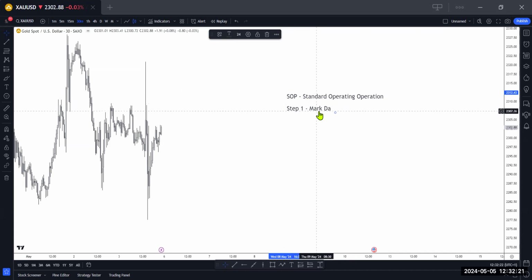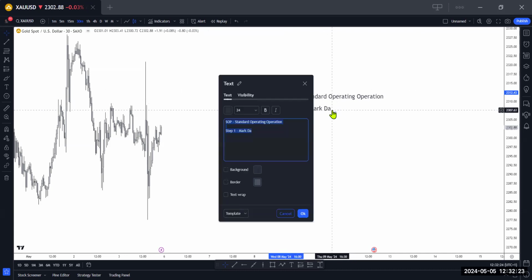The first step is to mark daily SNR. And when I say mark daily SNR, remember that engulfings are part of SNR. So you mark your daily SNR and your H4 SNR levels. That's the first step.